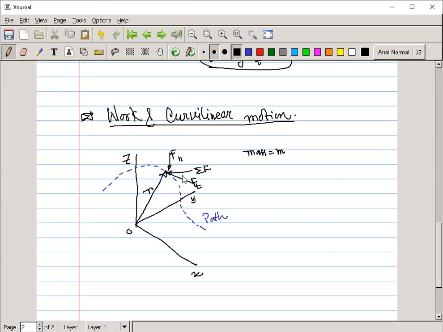Understand? At t equal to 0, you have this position vector, and after t equal to dt, the change in the position vector.